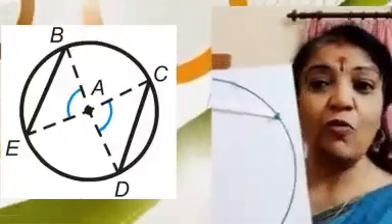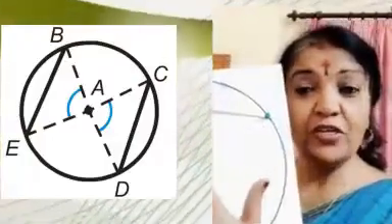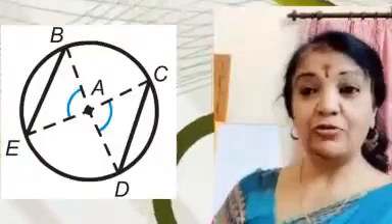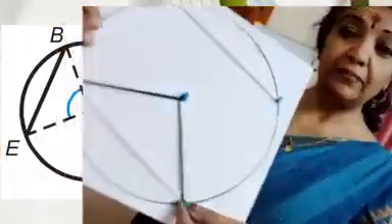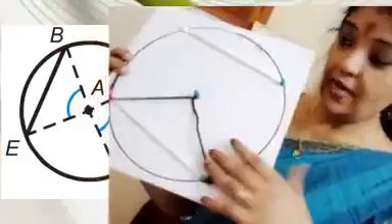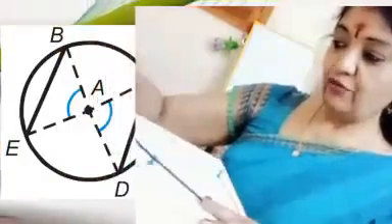Two equal chords form equal angles at the center. And this is the practical, lab situation, how we do it. We draw two equal chords and measure the angle using a protractor, and we get the same degree measure if we take the other chord also.